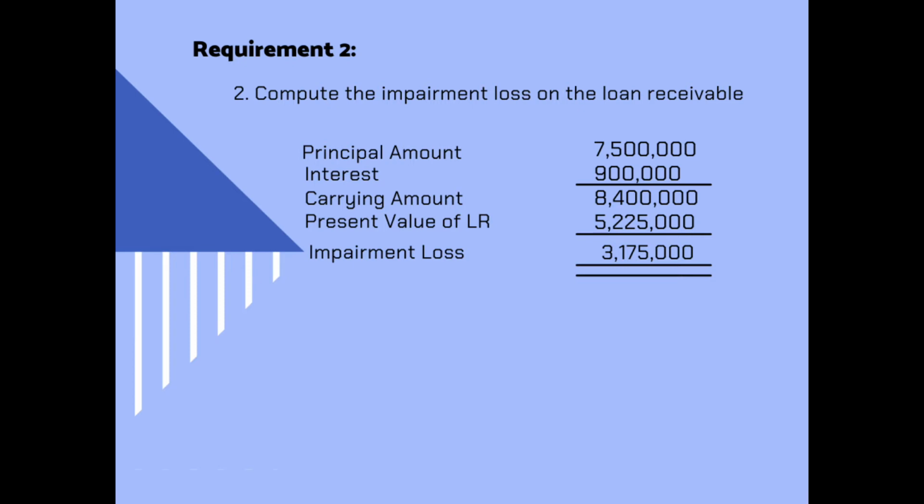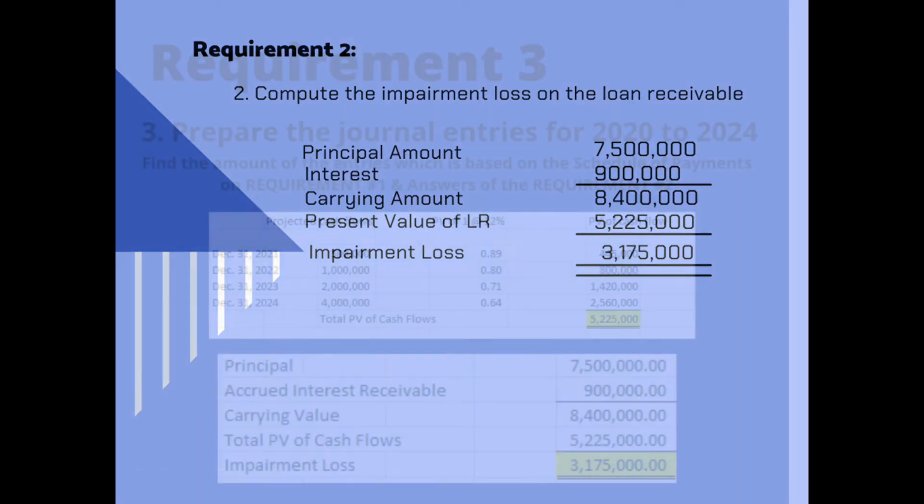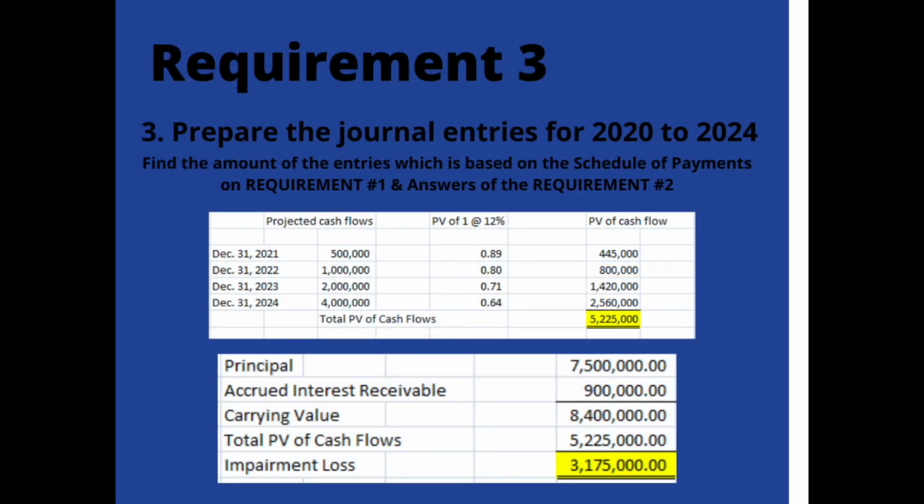The next step is to subtract from it the present value of the loan receivable that we got from requirement number 1, amounting to 5,225,000, with a result of an impairment loss amounting to 3,175,000.